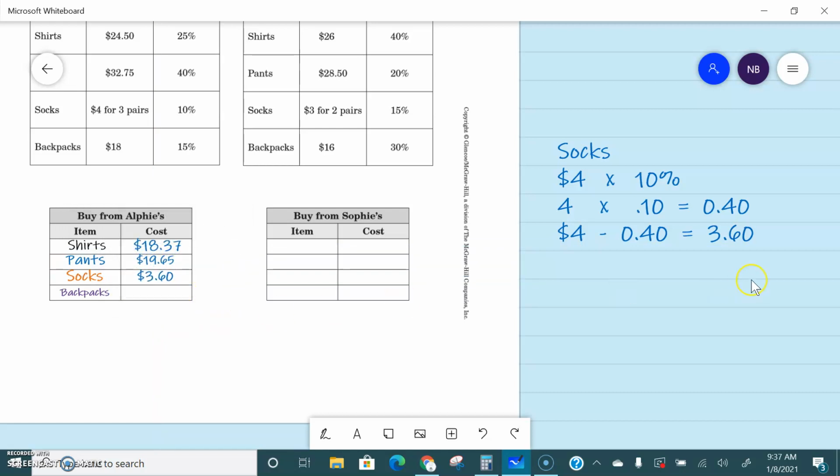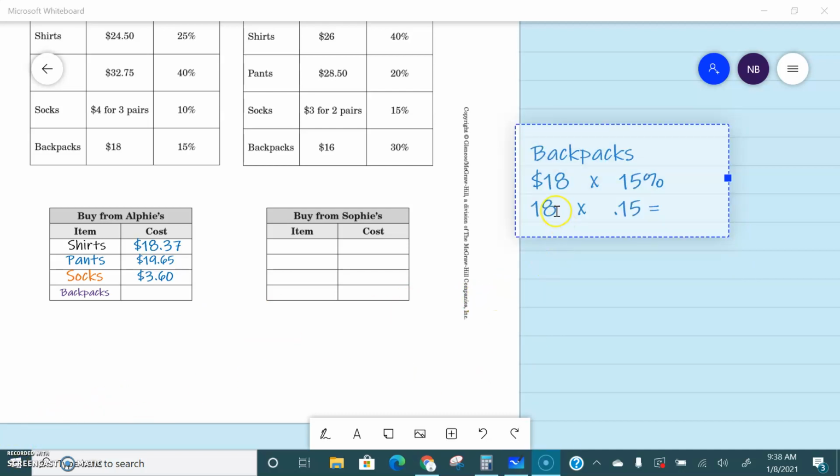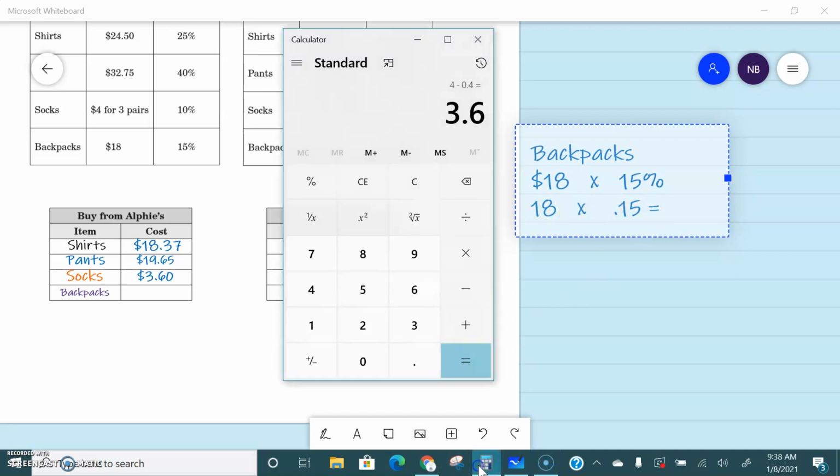All right, let's figure out backpacks. Backpacks are $18 and they get a 15% discount. So let's take the 18 and multiply it times 0.15. 0.15 is the same thing as 15%, but in order for us to calculate it and multiply, we have to make it a decimal.